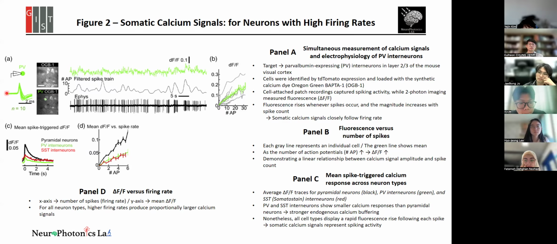So that's the reason why the PV Oregon BAPTA image is darker.